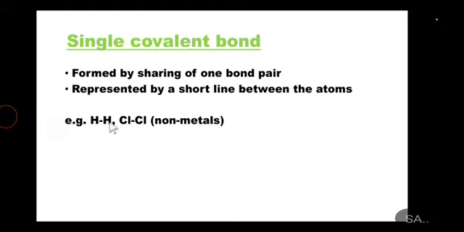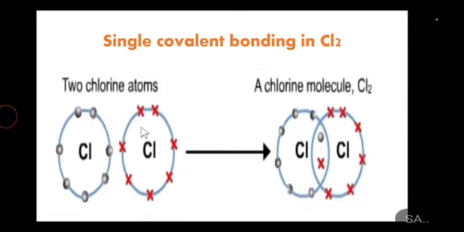Hydrogen is forming a single covalent bond with another hydrogen atom. Similarly, a chlorine atom is forming a single covalent bond with another chlorine atom, and this is how they make chlorine gas. So this is single covalent bonding in chlorine, Cl2.